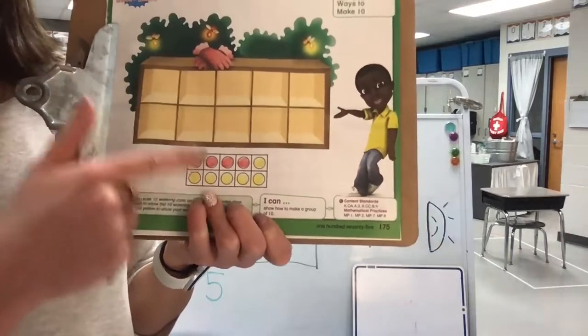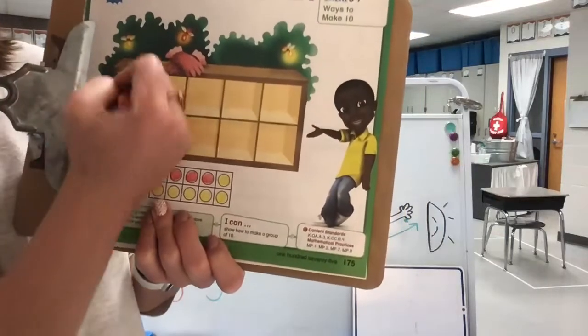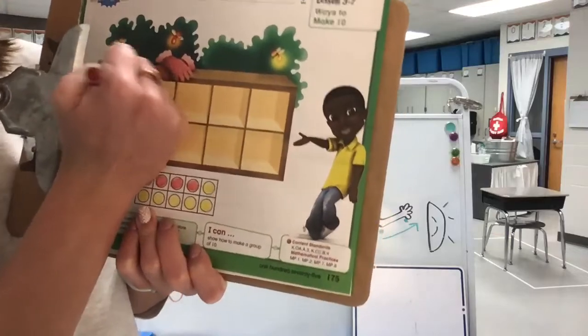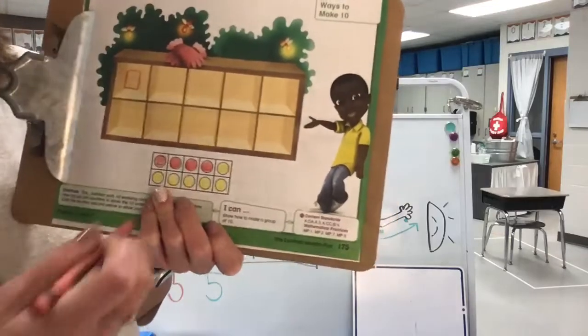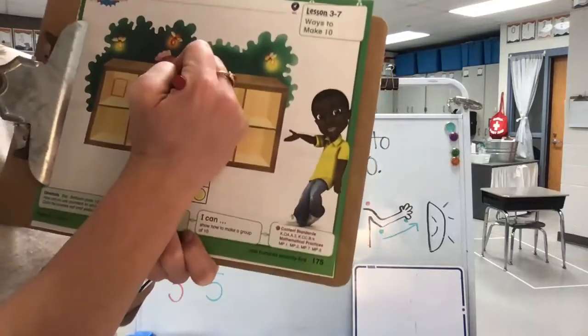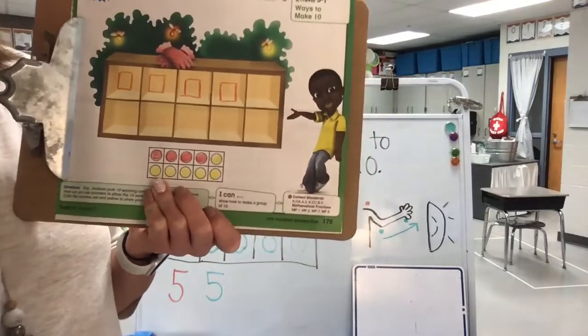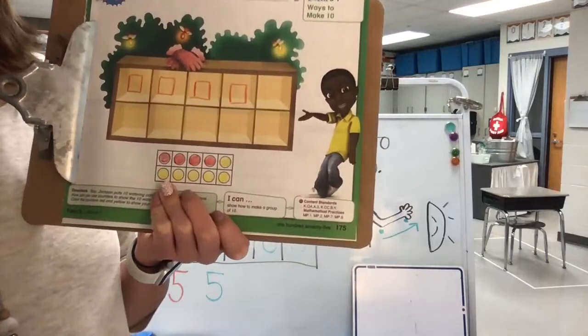So now let's show what we just did in our shelf. We're going to draw little squares for our pretend watering cans. So we're going to draw 4 red ones, 1, 2, 3, 4. And then we're going to draw how many yellow? 6.